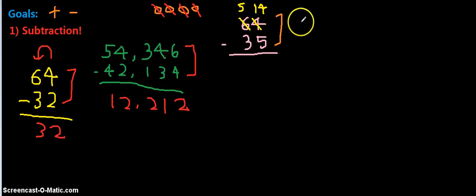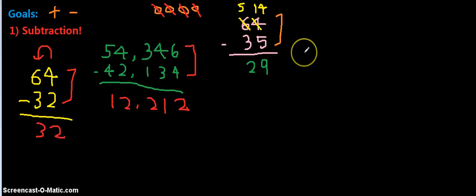But for now, just bear with me, because there is an algebraic explanation that I will make a video about on the borrowing process of subtraction. So we have 14 over here minus 5, and that's just equal to 9, and we have a 5 over here minus 3 equal to 2.